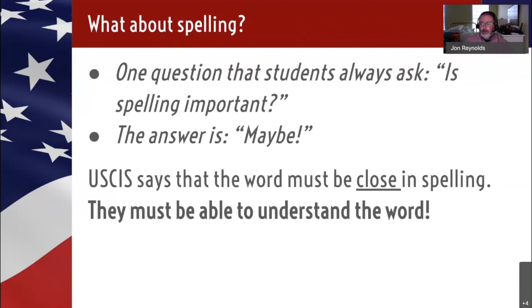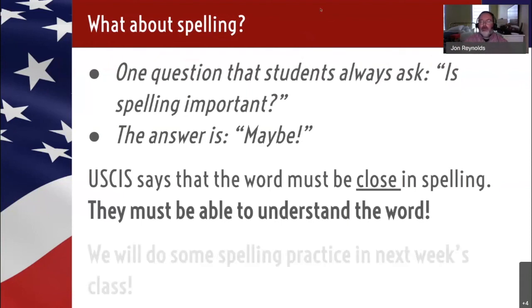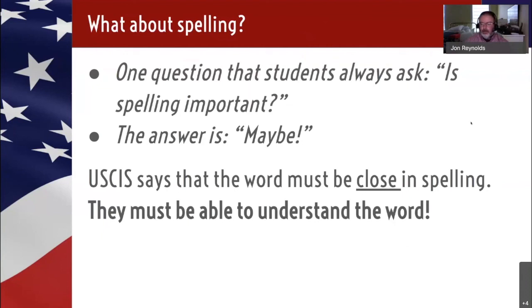If you don't spell it perfectly, that's okay. Okay, that's okay, but it has to be close. So if I see the word, for example, if you put speech, I'll put it in the chat box. So if you put S-P-E-A-C-H, or if you put dollar with one L, these are probably okay.